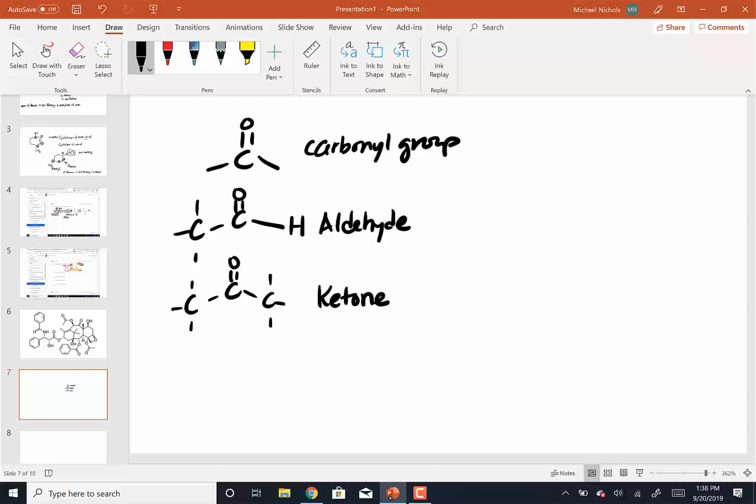No Y in ketone. What else can you have? An oxygen. When you have an oxygen attached, it can be one of two things. That oxygen could have an H on it, at which point it becomes a carboxylic acid.